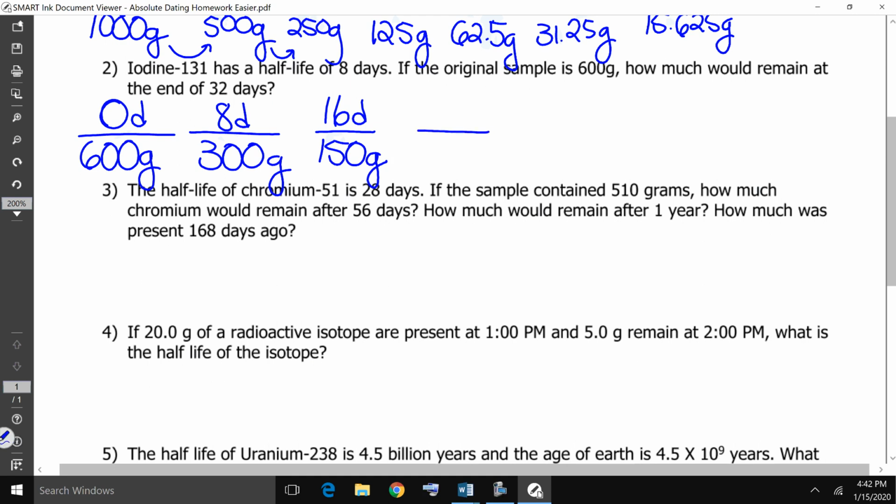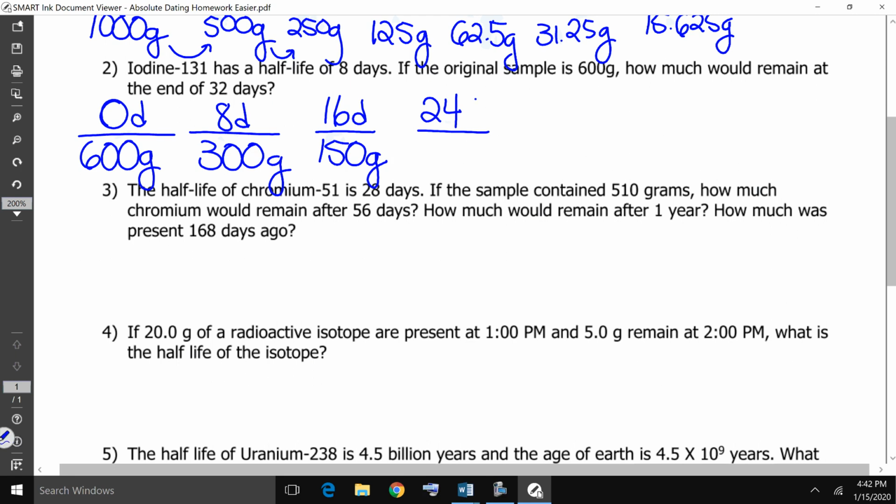Now, here, this step is where I see a lot of people make a mistake. They'll jump straight to 32 days. They get the answer of 75 grams, which is not right. Because again, we're adding the days, not multiplying by 2. Okay, so 8 plus 8 equals 16, plus 8 equals 24.